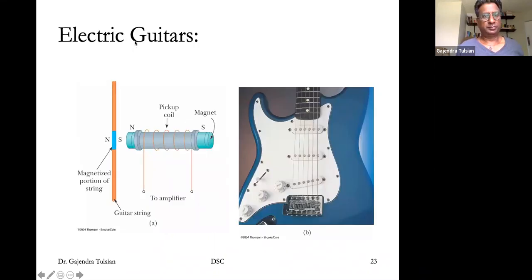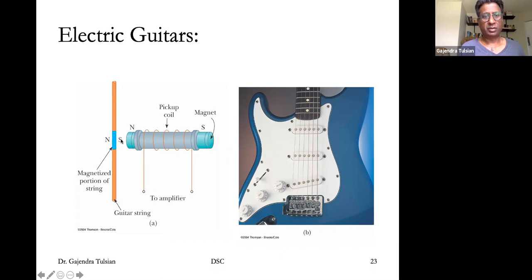Now, a lot of electric guitars and stuff like that, stringed instruments are based on Faraday's principle. So the string is magnetized, and when the string vibrates, this magnet moves back and forth. And here's the sensing coil. When the magnet moves back and forth, the flux through the sensing coil changes, and that induces an EMF.